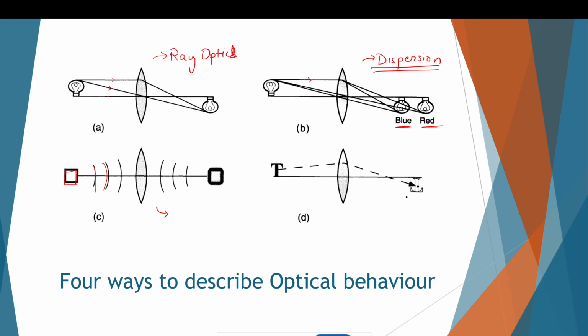Ray optics is valid when my lens is a large object, but when I'm going to smaller length scales, which formalism should I use to explain such an effect? It's basically wave optics, or electromagnetic wave optics. This is the one which we will be going into detail.